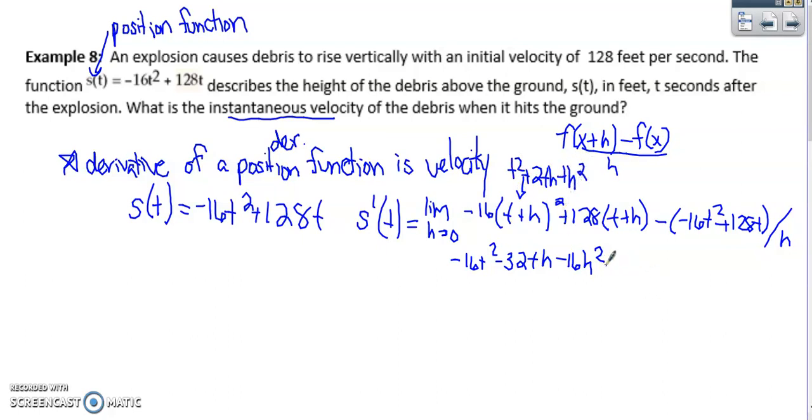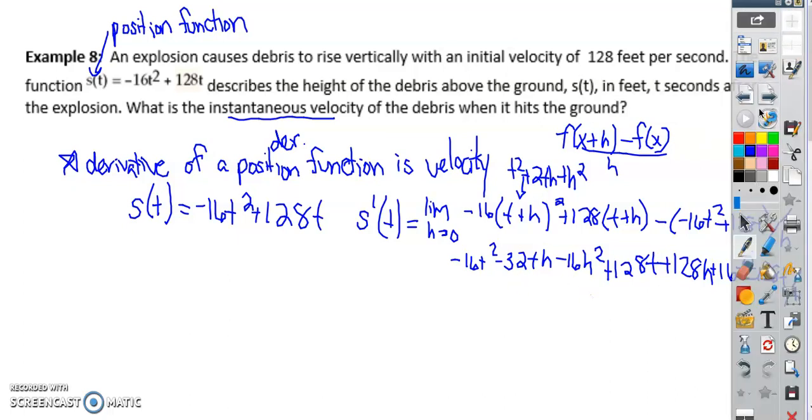And then we are adding in our 128t plus 128h. Now this negative is getting distributed, so we have plus 16t squared minus 128t, and that is all over h. So, whew, that's a lot going on.